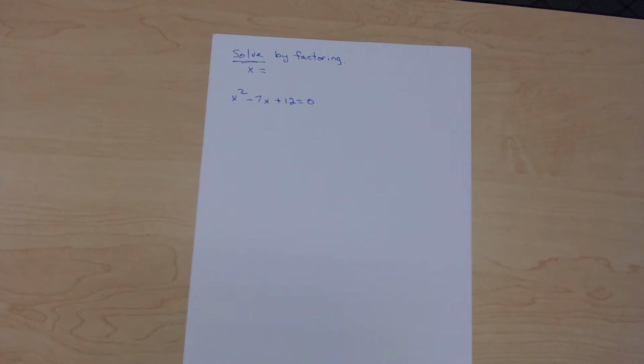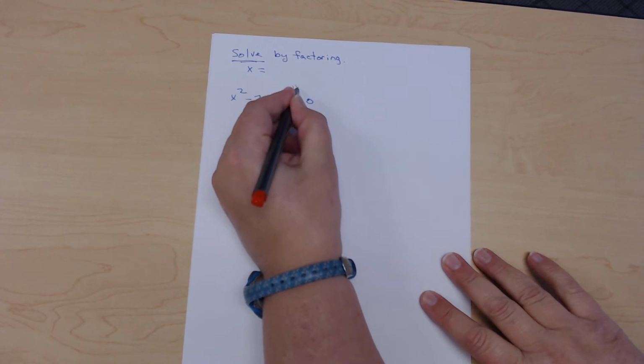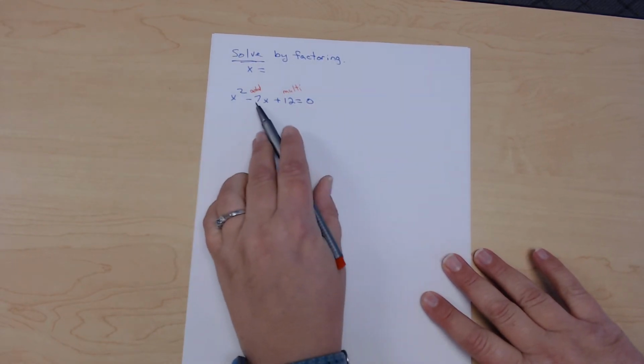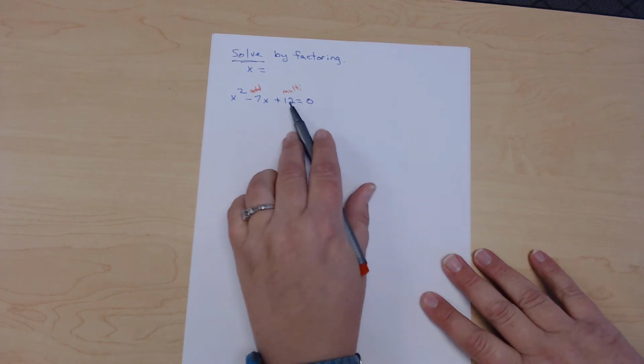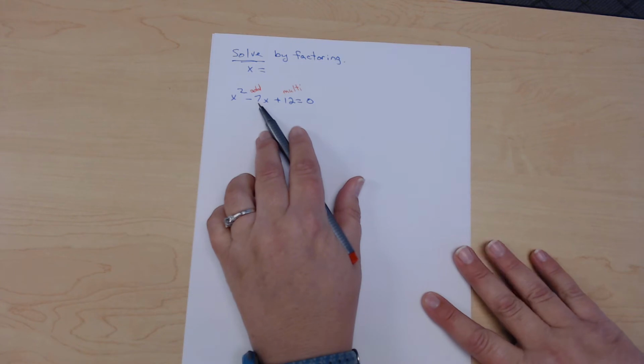Okay, how do we factor? Let me grab my pencil here. It has to multiply to be this back number, and at the same time add to be this number. Multiply to 12 and add to be -7.